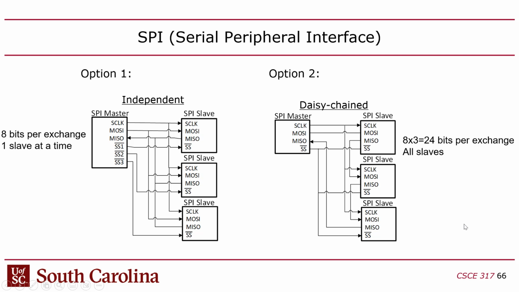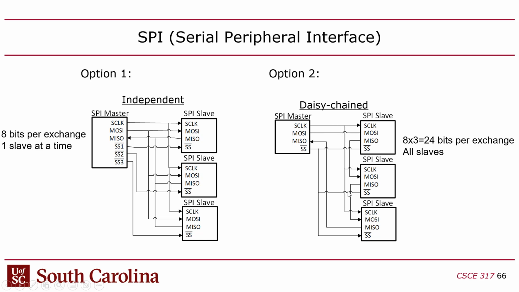The problem with this, though, is that when you use the daisy chained approach, every exchange would have to not be 8 bits anymore. It would actually have to be 24 bits, because you have to move 8 bits all the way through all 3 slaves.